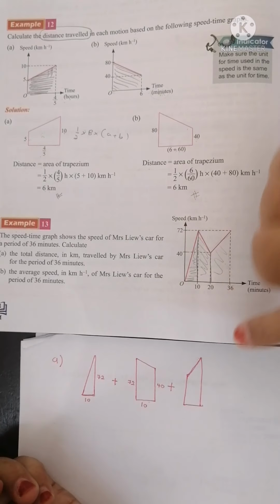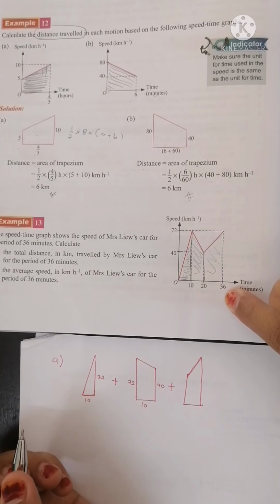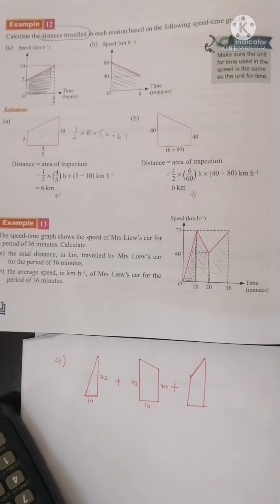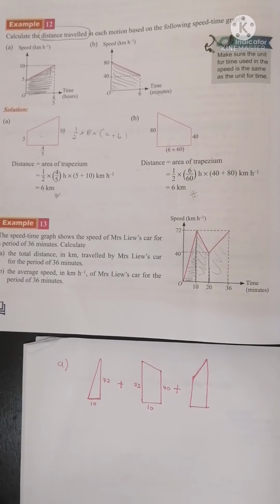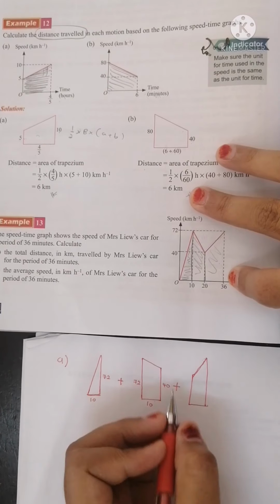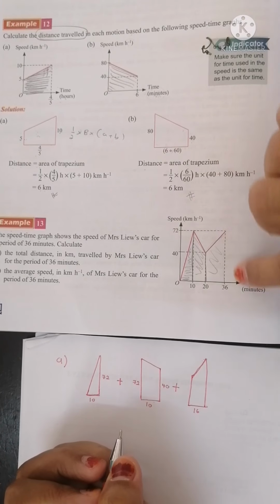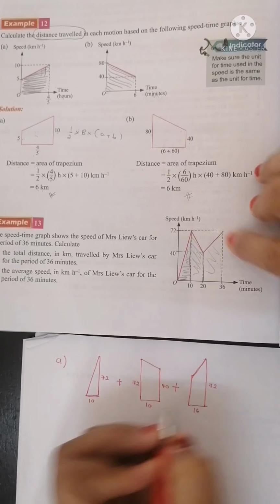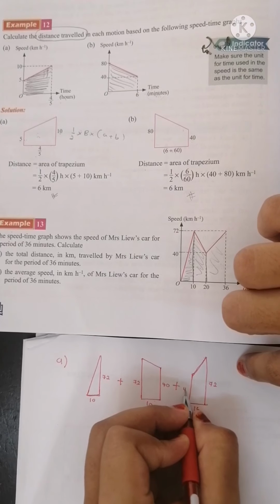And then the last one, the base is 36 minus 20, you get 16, right? And the height is 72 for this side, and for this side the height is 40.